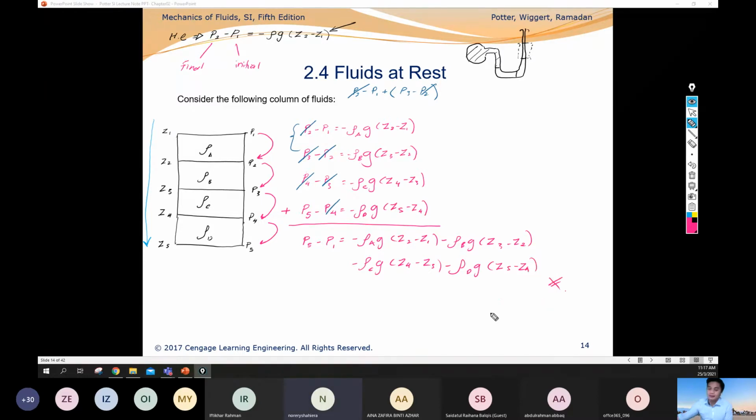That is the final equation. Is it easy for you to remember? The step by step? Yes, doctor. Yeah, it's very easy, right?